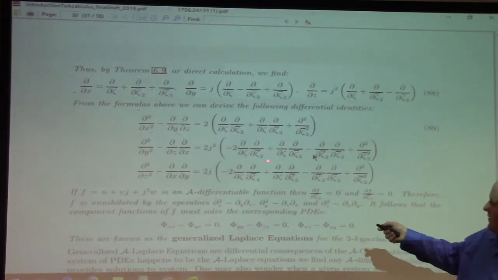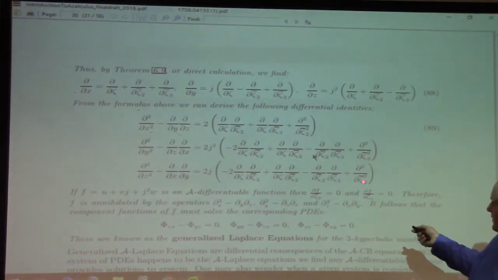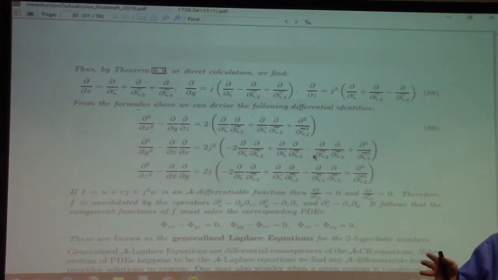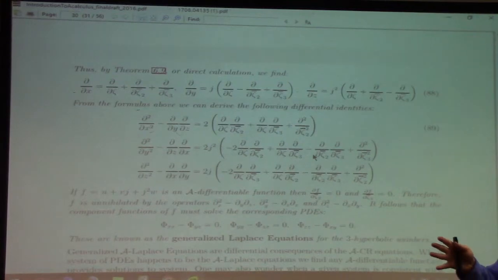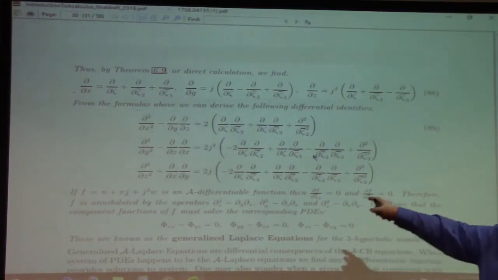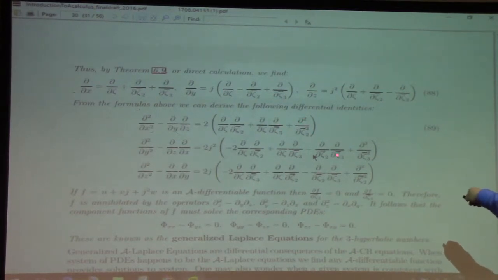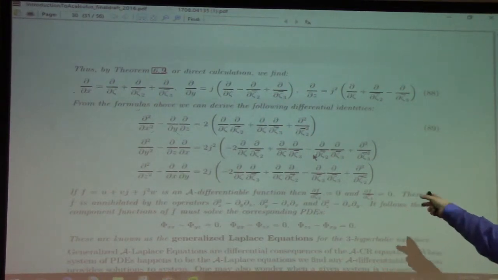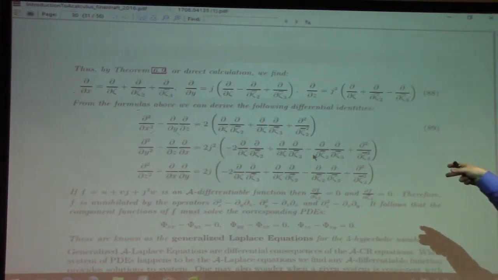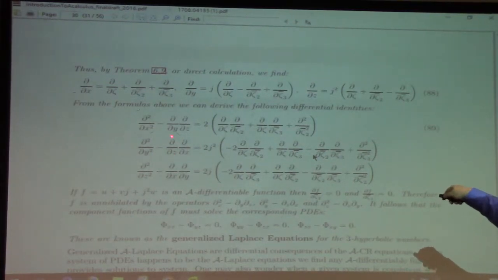Here, here, here, and here. So if you've got a function on the 3 hyperbolic numbers for which all of the conjugate variables vanish, you hit it with these differential operators, it automatically goes to 0. But of course, that has to happen because a function that is 3 hyperbolic differentiable necessarily solves the Laplace equations.